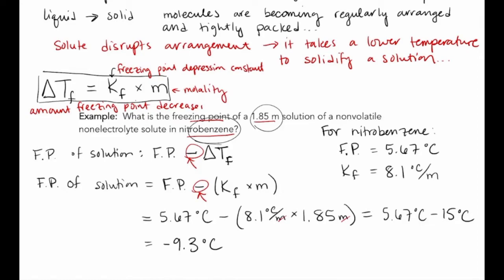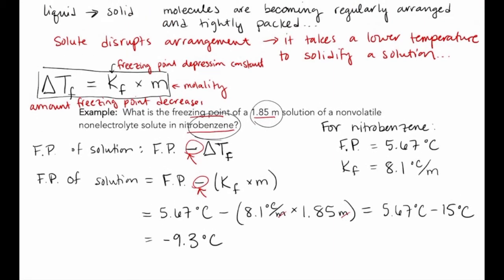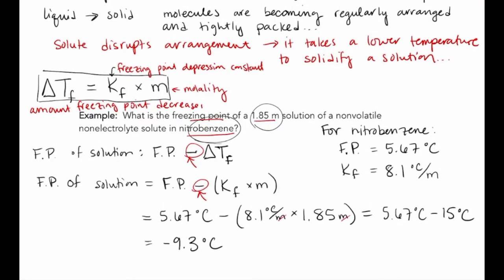It goes from 5 degrees Celsius, which is above zero, down to negative 9.3 degrees Celsius, which is below zero. And this is the reason that you might throw salt or some solid on the frozen roadways, because it actually would lower the temperature of the freezing point. It would require a lower temperature for the ice to freeze.